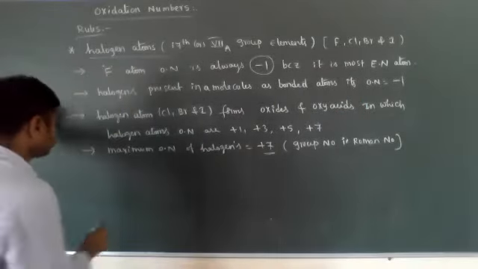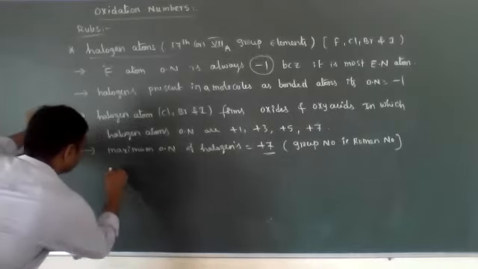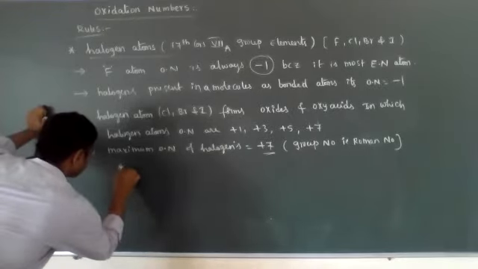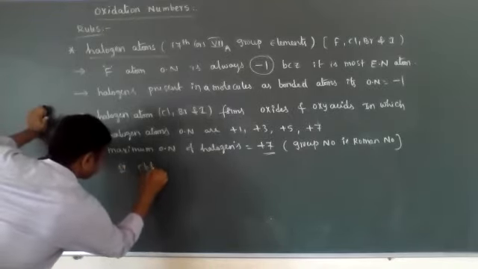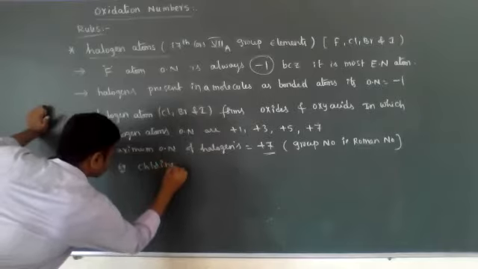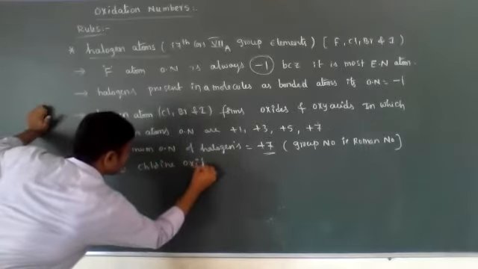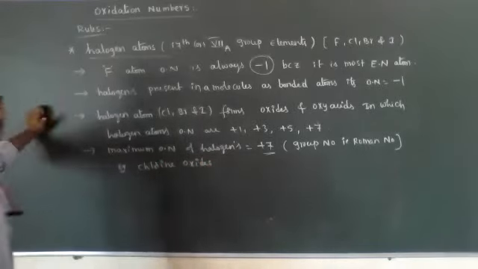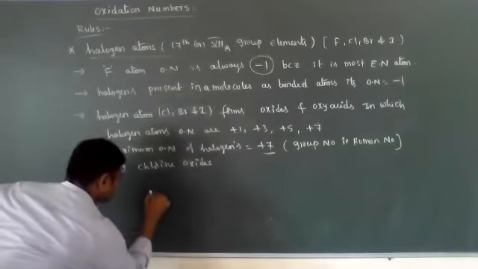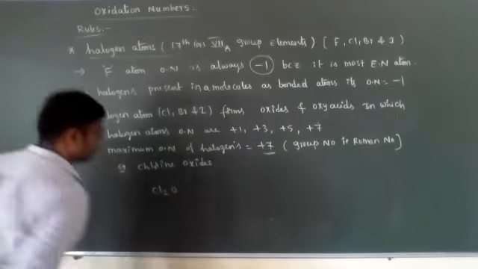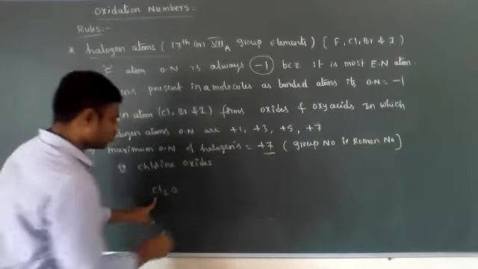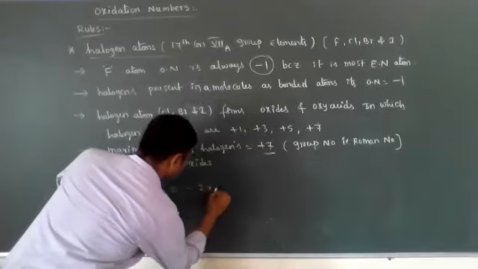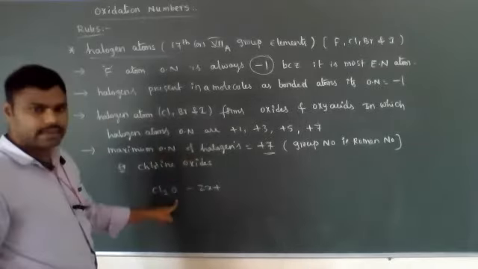Let's see examples. Chlorine oxides. What are the different types of chlorine oxides? Let's observe Cl2O. In Cl2O, two chlorine atoms are present, 2x, plus one oxygen atom is present.